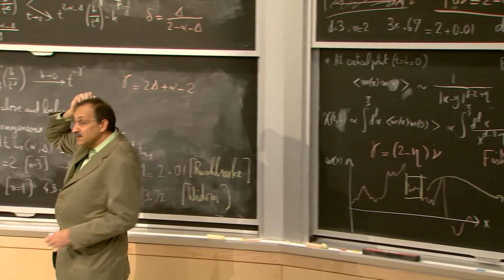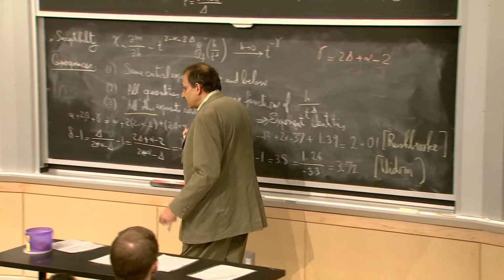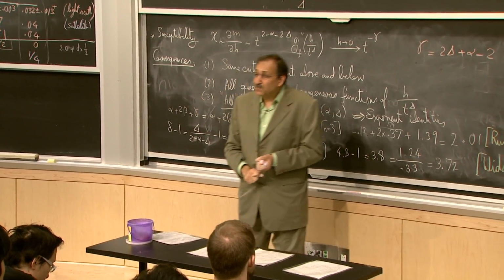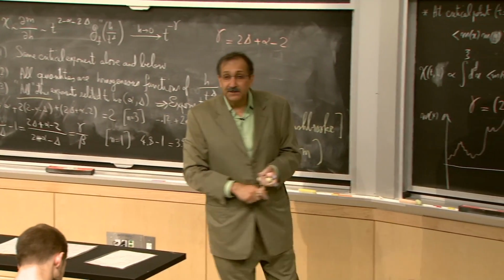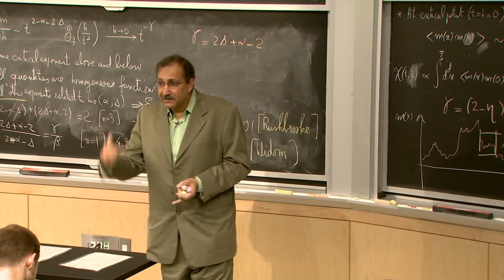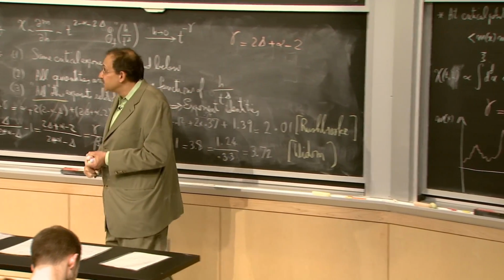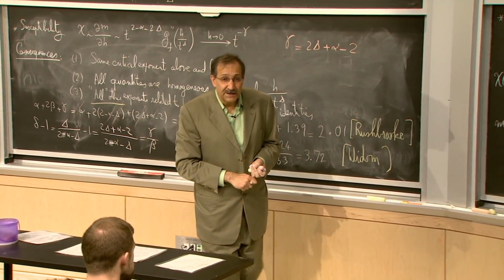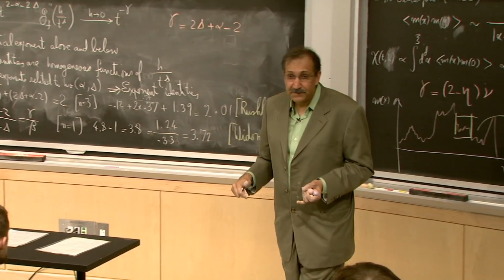We made a statement that heat capacity diverges. Now, in the same sense that the susceptibility is a response, it came from two derivatives of the free energy with respect to the field. The derivative of magnetization with respect to field, magnetization is one derivative with respect to field. The heat capacity is also two derivatives of free energy with respect to some other variable, right?